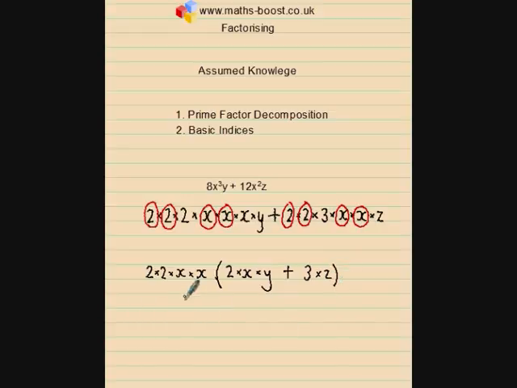And that's it done. This is correct, but clearly not in our conventional form or our simplest form. So what I'll do is just simplify this now. So we're doing the reverse. We wrote this initially in terms of the basic building blocks, but now we're going to simplify this so it's more concise. So instead of 2 times 2 I'll write 4, and instead of x times x I'll write x squared.